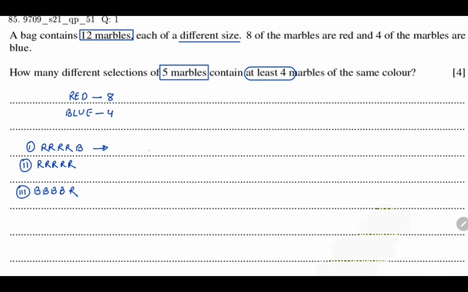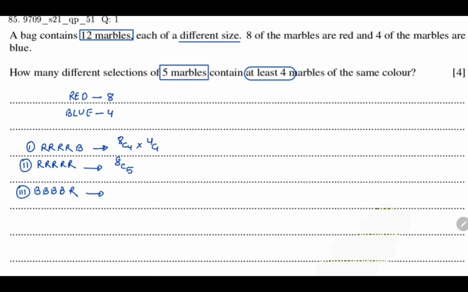For this, 4 red marbles can be selected in 8C4 ways, and 1 blue marble can be selected in 4C1 way. 5 red marbles can be selected in 8C5 ways.